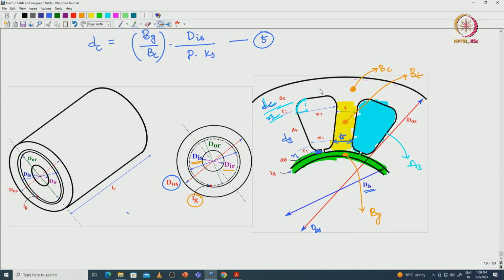So the slot dimensions we can see here with respect to the different parameters, and with respect to the stator outer diameter as well as inner diameter, we can write the equations in terms of dis and d naught r and slot dimensions.